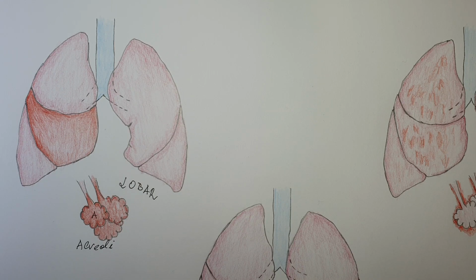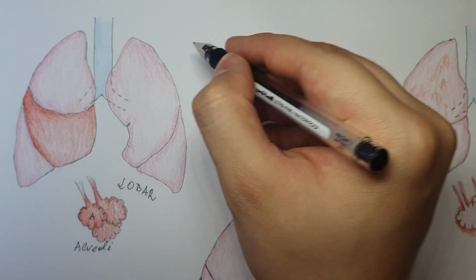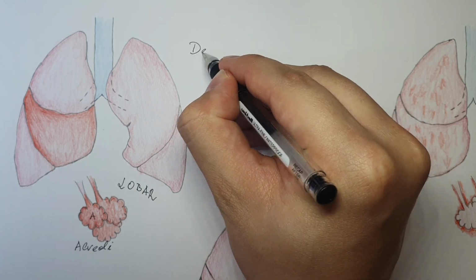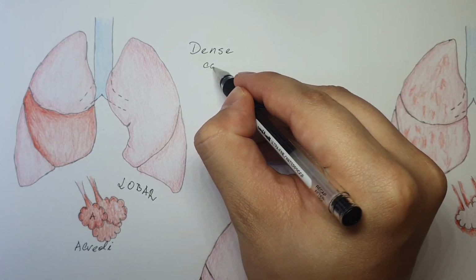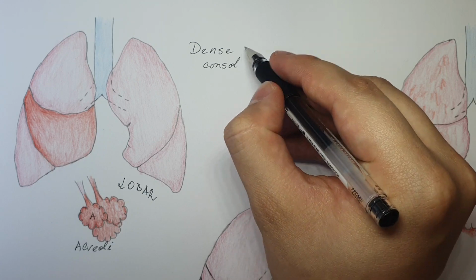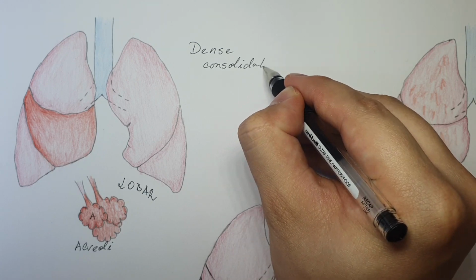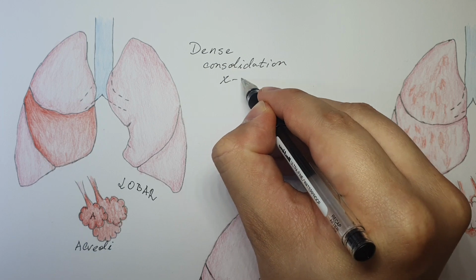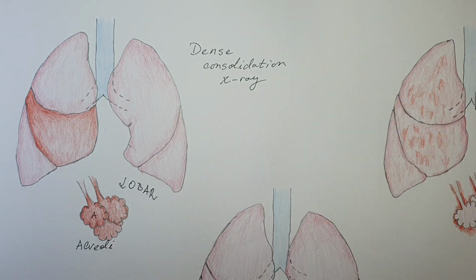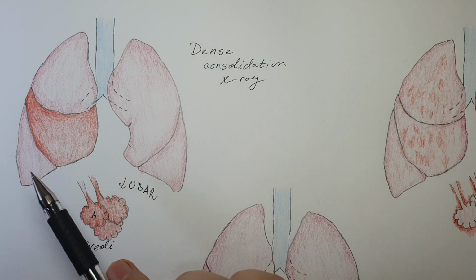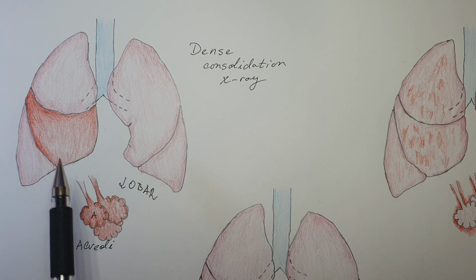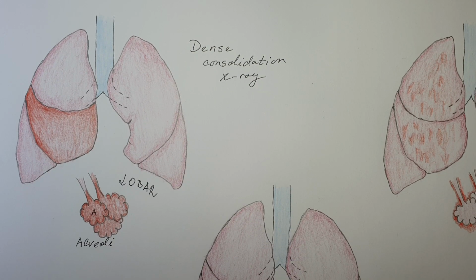In a lobar pneumonia, the radiologist will see a dense consolidation. And he will tell you, okay, I see a dense consolidation. It can be this, this, and this.